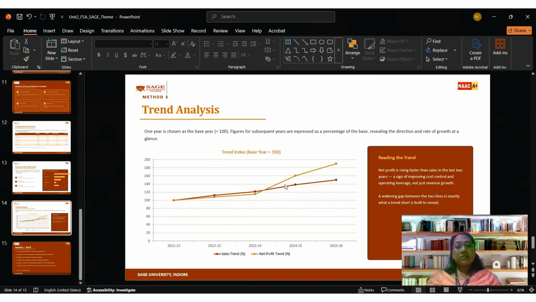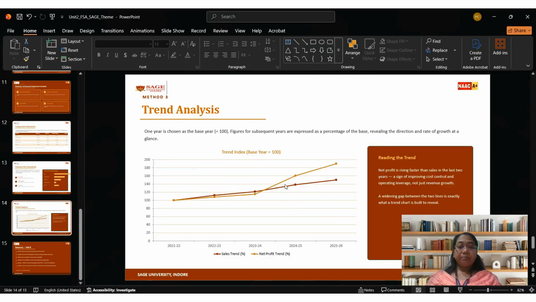This makes the analysis size neutral. A small company and a large company can now be compared meaningfully because we're looking at proportions, not absolute rupee figures. This is also called vertical analysis, since we're moving down a single column of one statement.